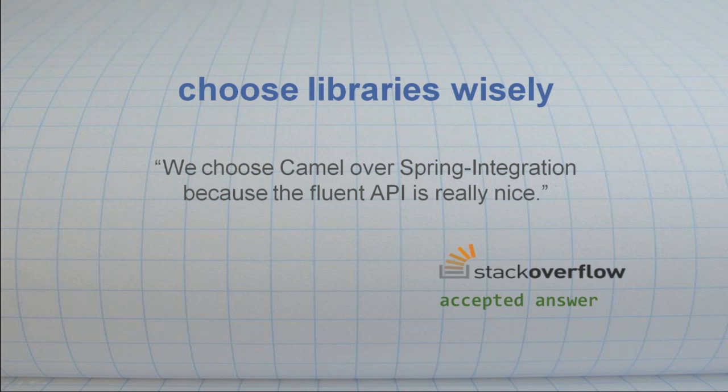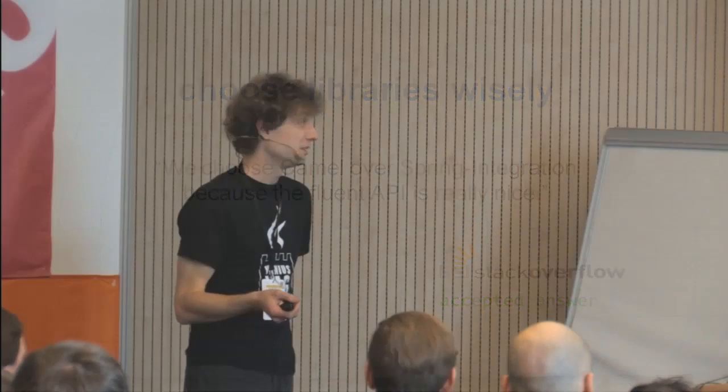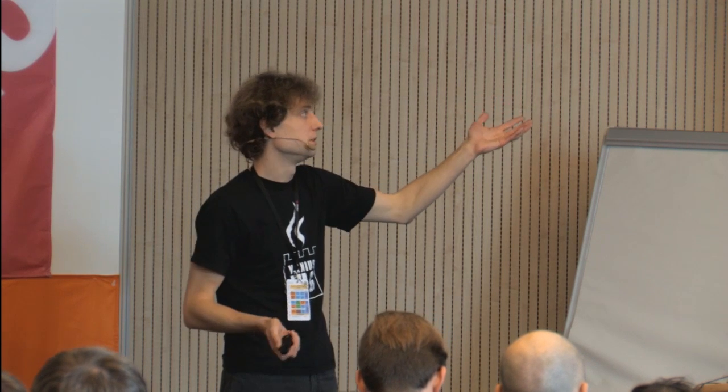Well, that's not a particularly good reason to choose one library over the other. It's just programmer convenience. And we as programmers tend to choose tools which are convenient to use for some time, which look nice in demos, right? I don't have anything against Camel, by the way, just that this argumentation is really faulty.